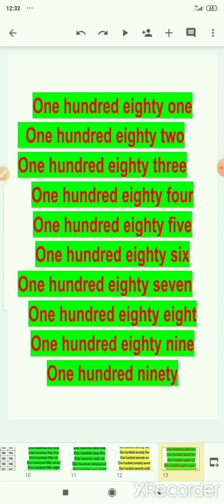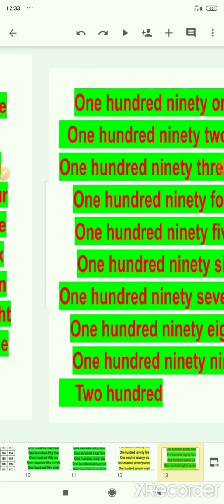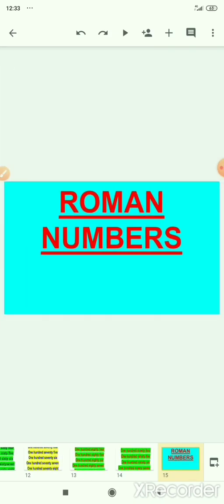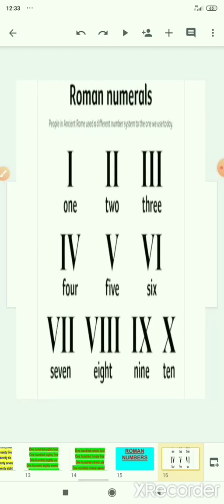If you look at the book, what is written on it? If you see carefully, the date is written in Roman numbers on the book.